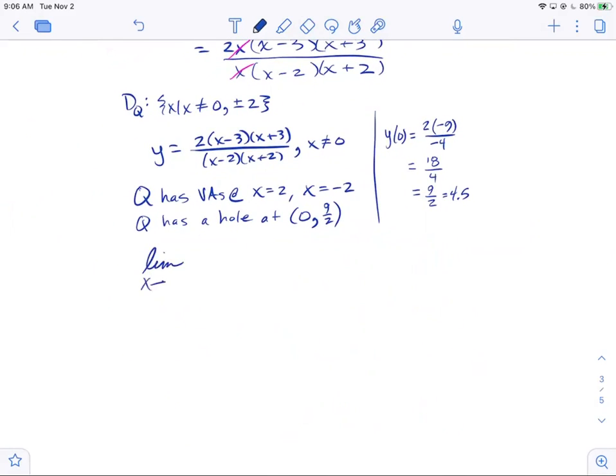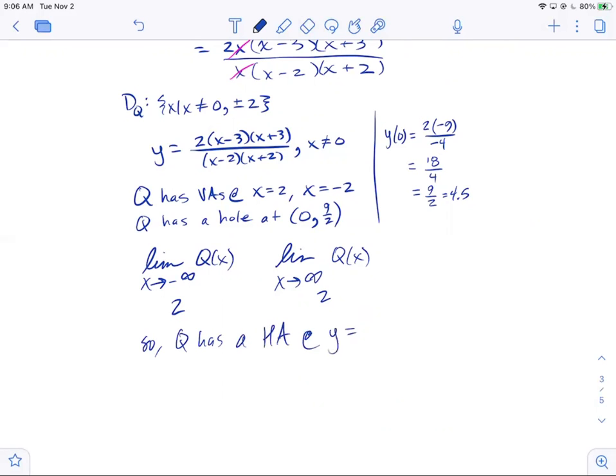The limit as x goes to -infinity of q of x is, what was it, 2/1, which is 2. And the limit as x goes to +infinity of q of x is also 2. And therefore, we can say that q has a HA at y equals 2.